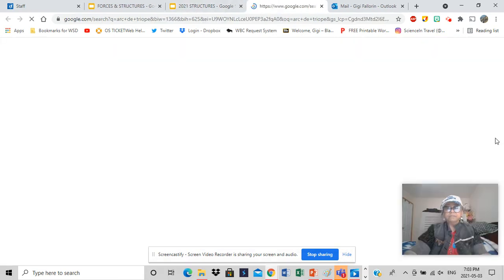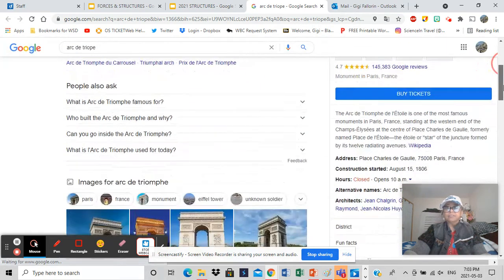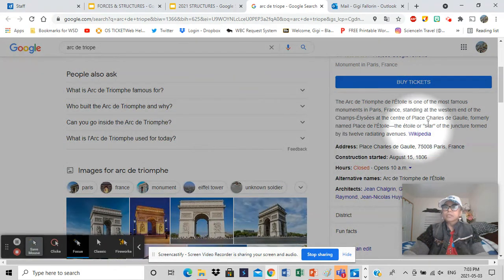The Arc of Triumph, or Arc de Triomphe, as they say it in French, is one of the most famous monuments in Paris after the Eiffel Tower, standing at the western end of the Champs-Élysées at the center of Place Charles de Gaulle, right?